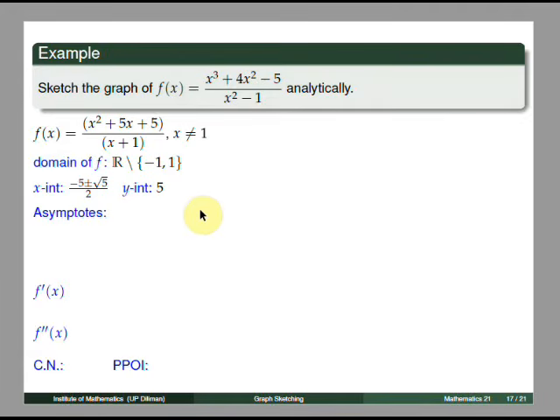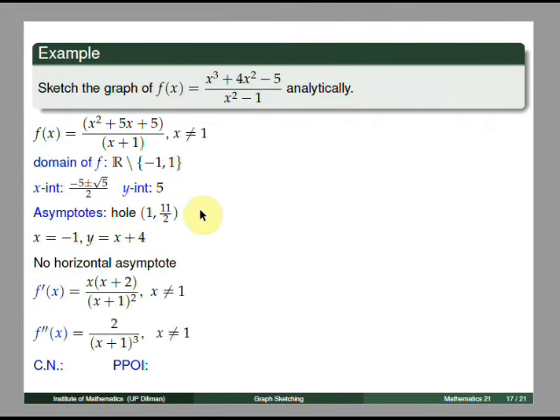In the previous video, we have shown that there is a hole at (1, 11/2), a vertical asymptote at x equals negative 1, an oblique asymptote at y equals x plus 4, and we do not have a horizontal asymptote.